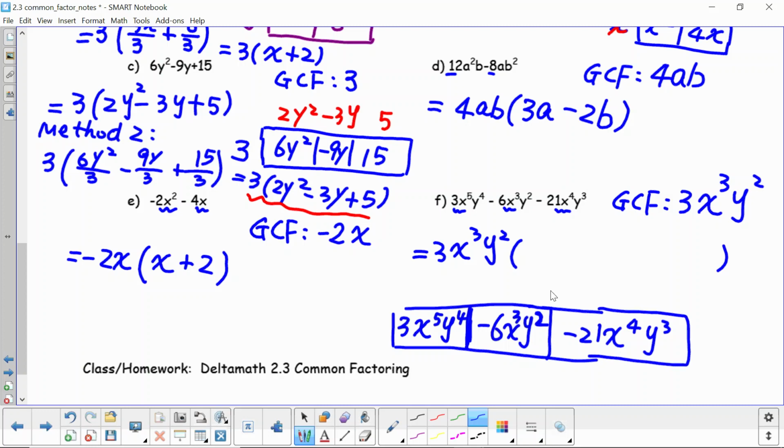Then we know the common factor, the greatest common factor, is 3x cubed y squared. In order to get this area, one side is 3x cubed y squared. Then this side, what we need to multiply with this to get this area. So 3 divided by 3 is 1, x.